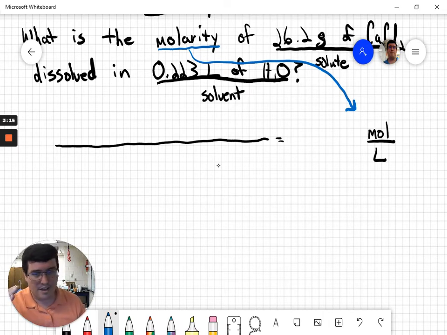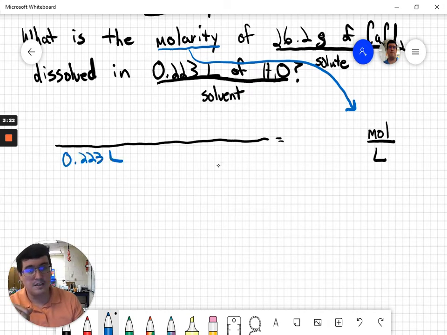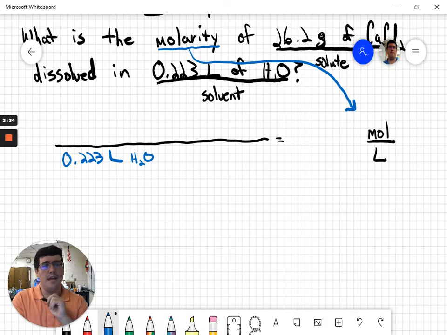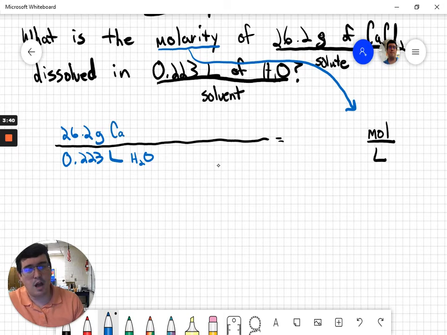We need liters on the bottom. So I'm going to start by writing liters on the bottom, 0.223 liters of H2O. So I'm going to put H2O on there. Perfect, right? Goes on the bottom, check. What goes on the top, then, has to be the 26.2 grams of calcium chloride, CaCl2. Boom.